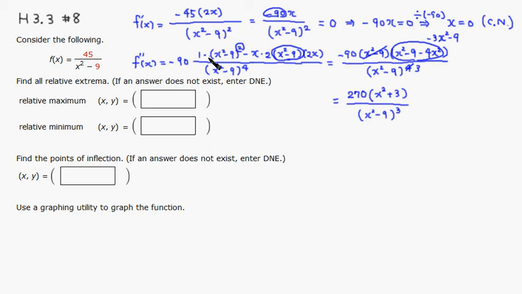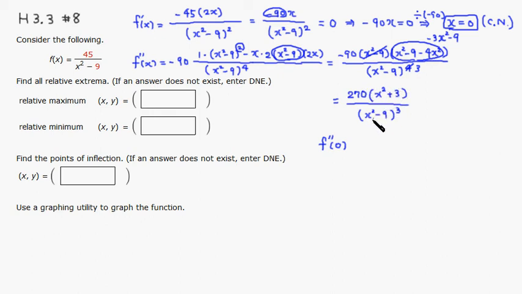Alright, so we're looking for a local max and a local min. There's only one critical number, which was x equals 0. So let's do the second derivative test there. So f double prime of 0: if you plug in 0 here, actually we don't need to find the value, we just need the sign. 0 squared plus 3 is positive, so that's positive.